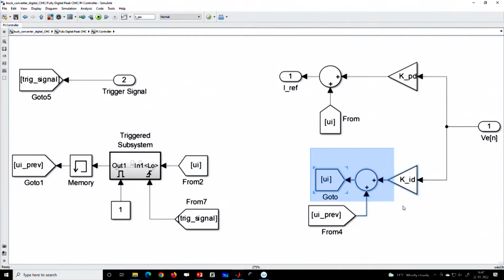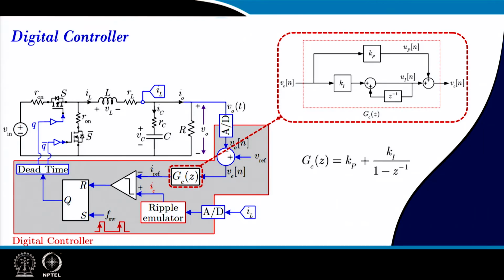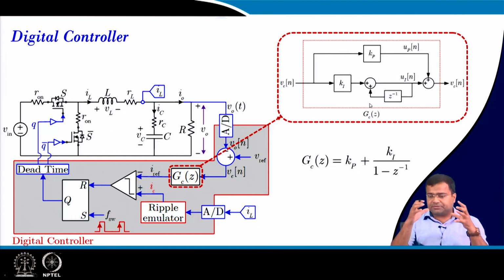This is the integral controller implementation, and this is the proportional control implementation. This is the output of the integral control, this is the output of the proportional control, and if you sum them you get the PI controller output. So it is not a simple transfer function; we are using a difference equation with clock synchronized operation.